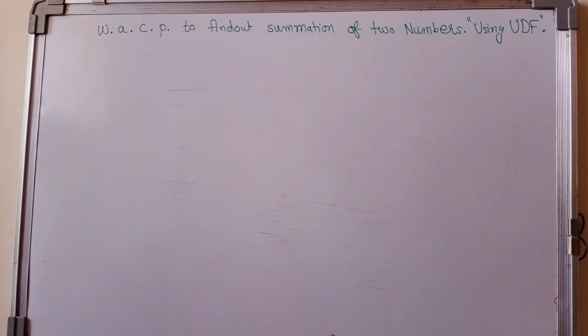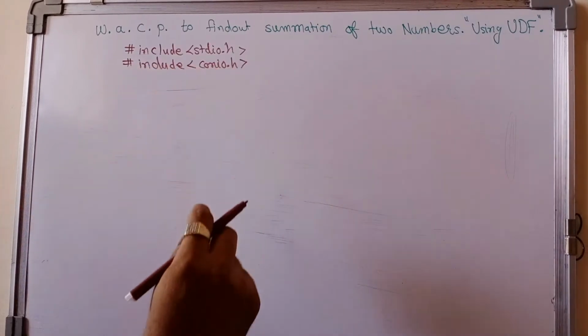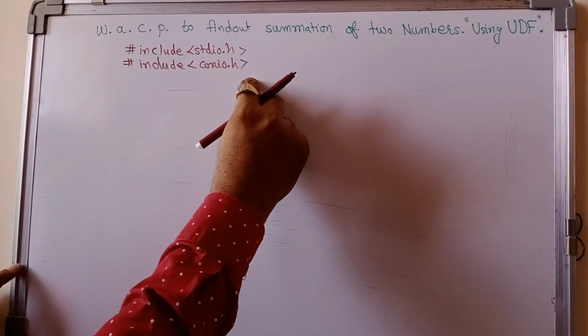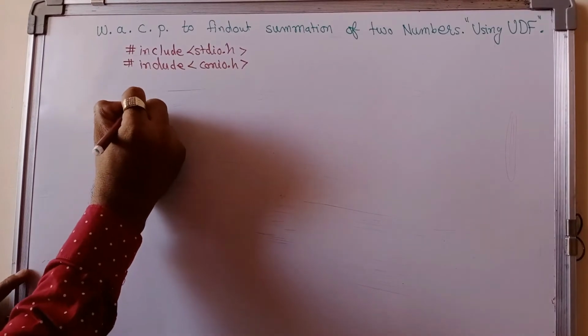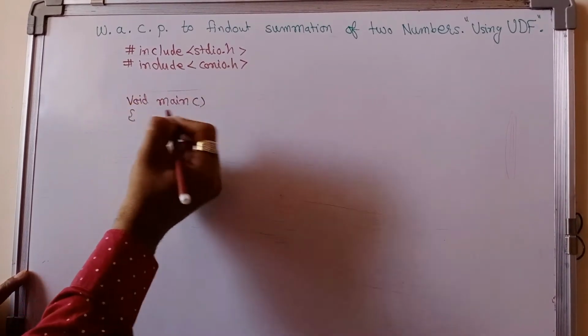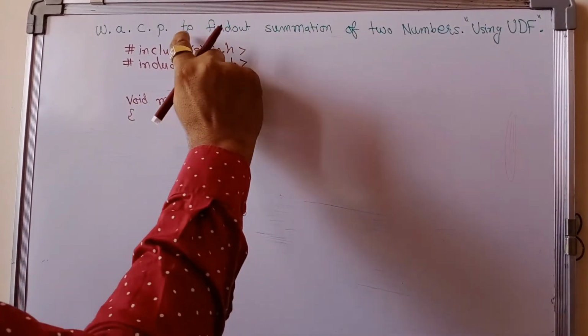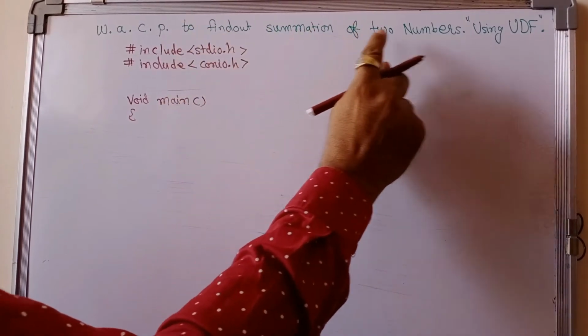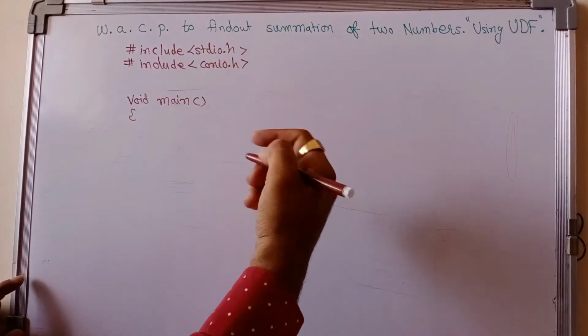In C programming, first of all, we need to include the header. Here, I am leaving space for the function declaration. I start void main. Our example is to find out the summation of two numbers, so I need to enter two numbers.